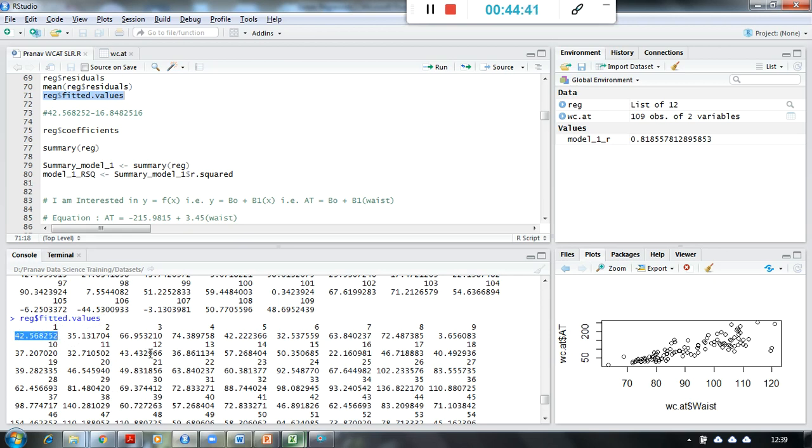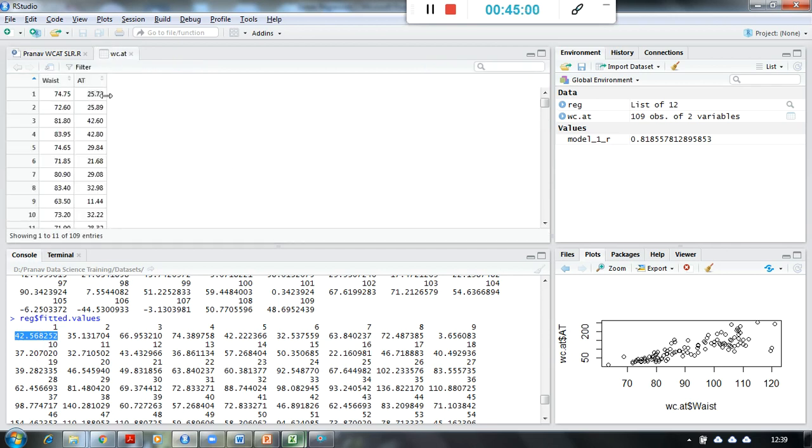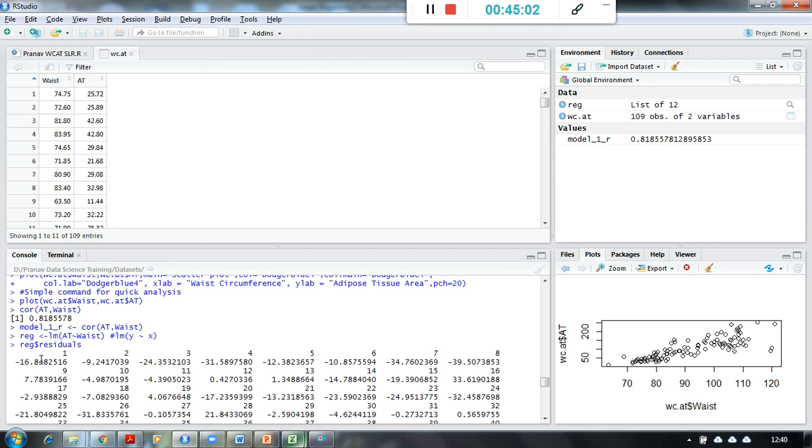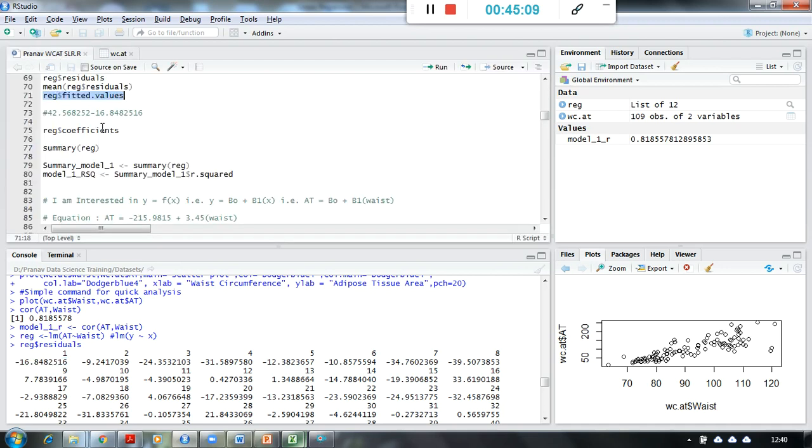It has fitted the regression line in such a way that this point is what my regression line gives me. Now if you calculate the difference between 42.56 and 25.72, you will get this error, minus 16.84, right? And these are my residuals.